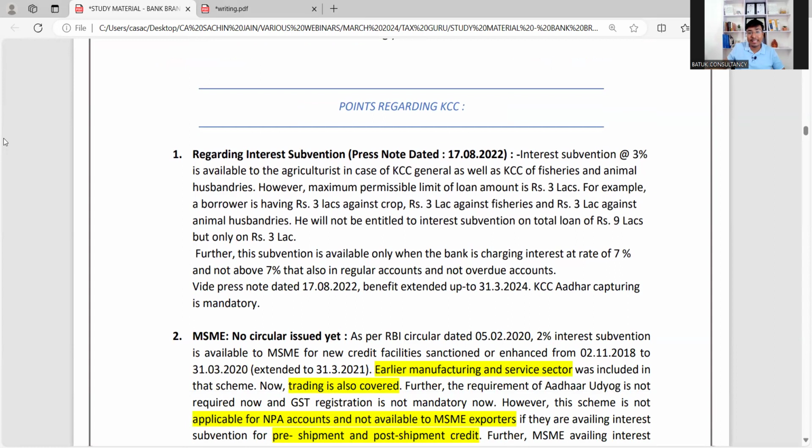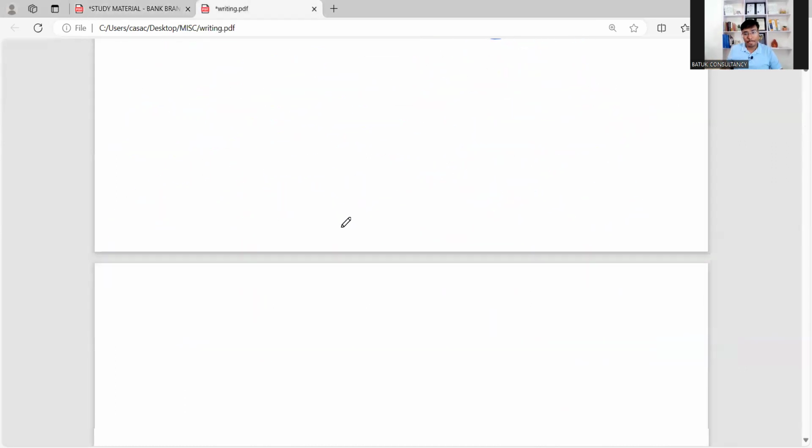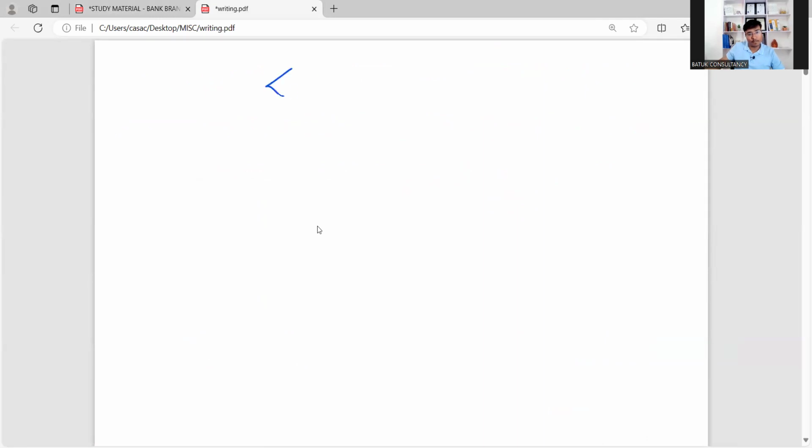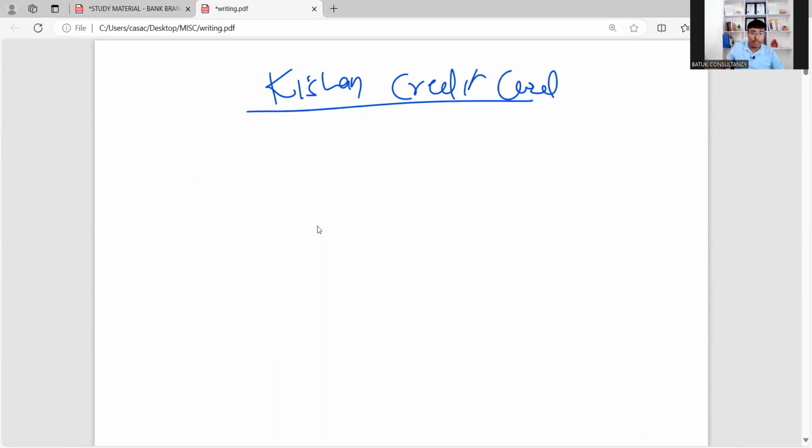Next, regarding the KCC, if you have received the allotment of agriculture related branches, in that case this segment will be most important for you. Regarding interest subvention, as we all know, in case of Kisan Credit Card accounts, there is a feature of interest subvention.